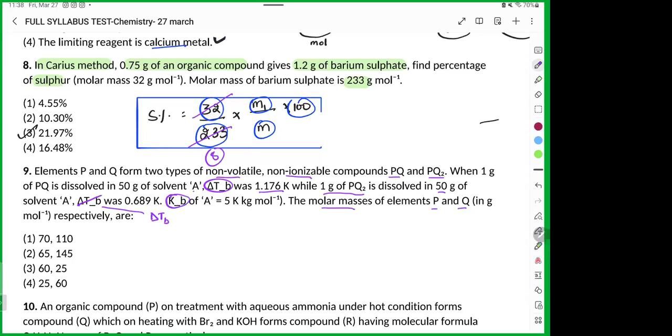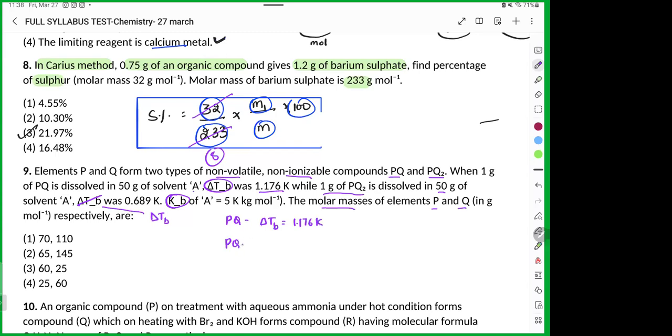Find the molar mass of P and Q elements. In case of PQ, delta TB value is equal to 1.176 Kelvin.